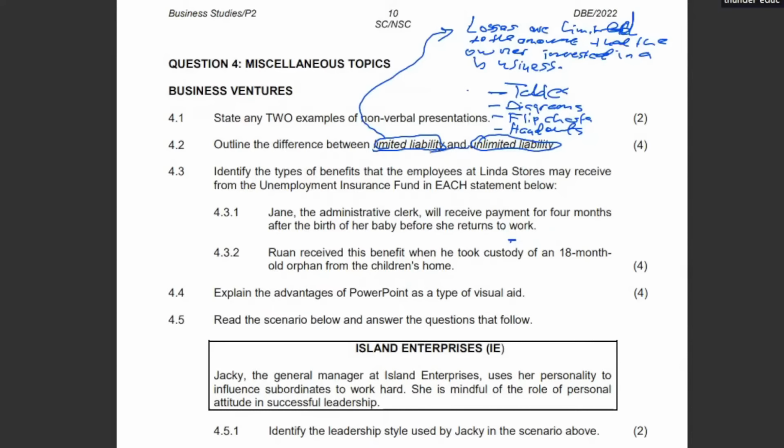So for unlimited, we are saying that the liability of the owner to pay debts or claims is not limited to the business only.